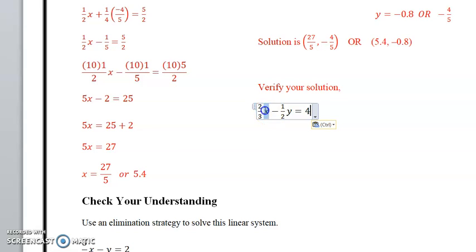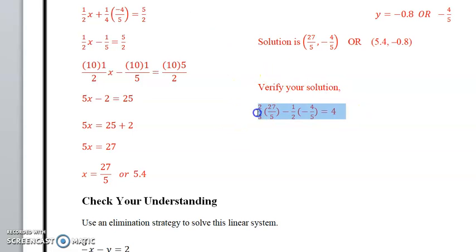I'm going to use fractions. You know me, I like fractions. So 27/5 for x, and the y value, negative 4/5. We plug that into the original.